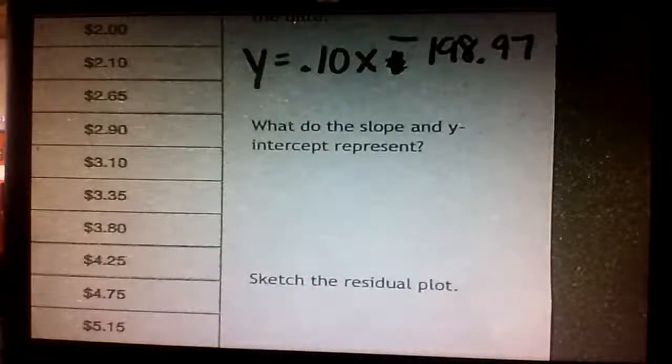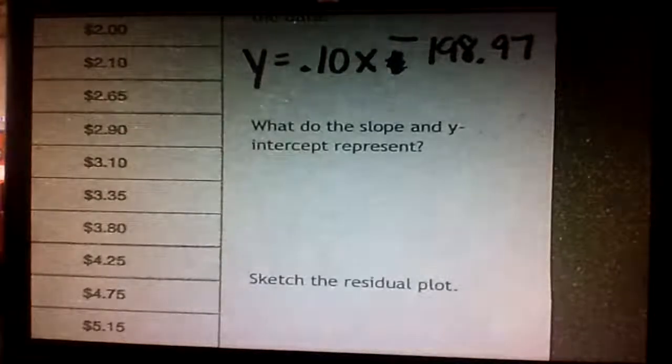Remember, your slope is how it moves. First off, is it positive or negative? Positive, so that means we're increasing. What is increasing? The minimum wage per year. So every year, on average, the minimum wage increases 10 cents.